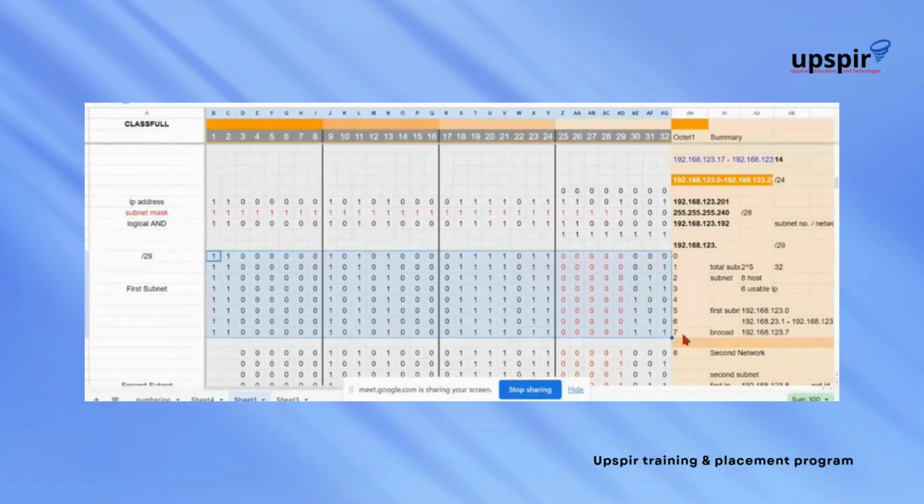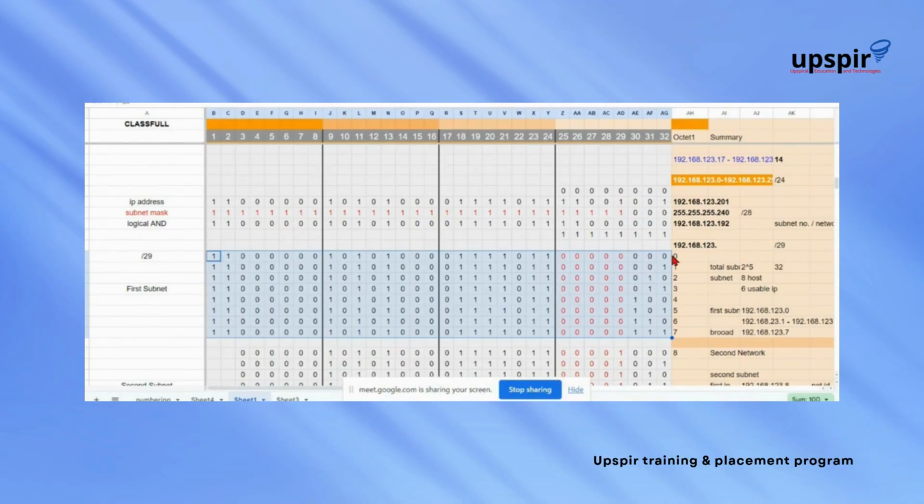So what we are saying is that as soon as we take a subnet mask of slash 29, I do subnetting in a way that each subnet created will only have 8 possible IP addresses. We don't use the first IP address and the last IP address.